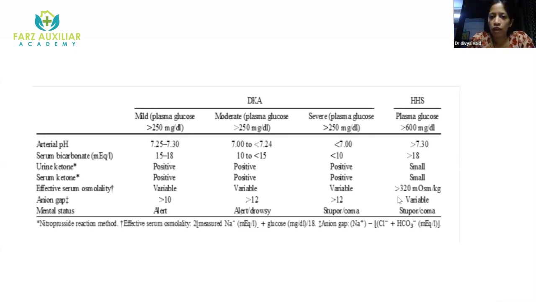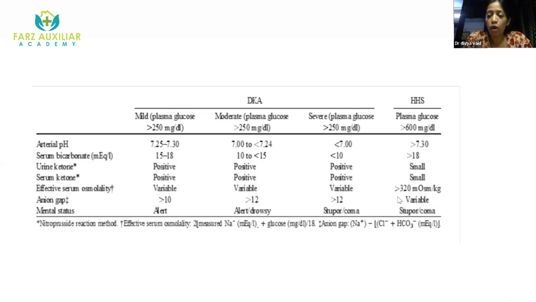Severe DKA will have sugars of more than 250, but the acidosis will be very severe, pH less than 7, bicarbonate less than 10, and the anion gap more than 12, and the patient might be stuporous or comatose. HHS, on the other hand, has an acidosis that is not that severe. The pH is more than 7.3, bicarbonate levels are more than 18, and urine ketone is not that high.